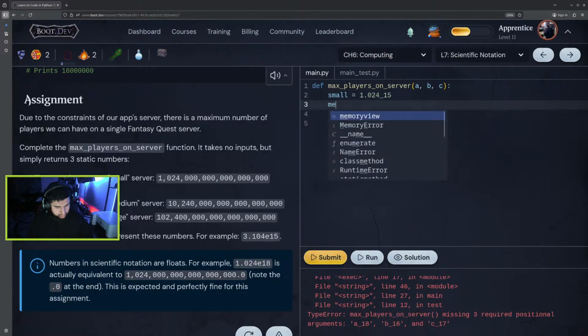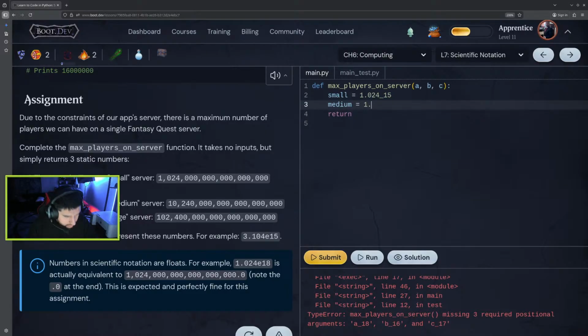Medium equals. Yeah, I'm always overcomplicating it, so I'm just gonna simplify everything. 0 2 4, and then count the zeros under slash 3 6 9 12 15 16.